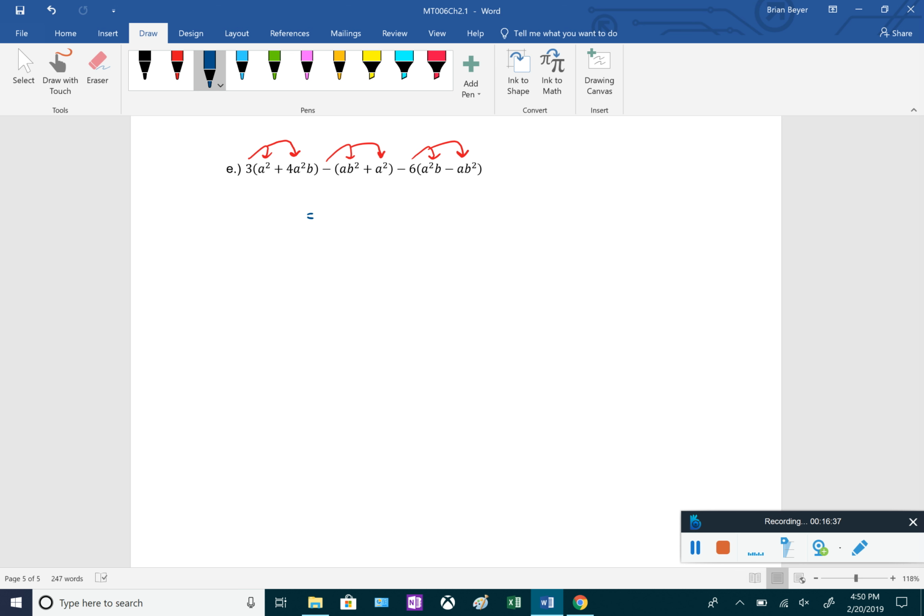So distributing the 3 in the first one, 3 times a squared is 3a squared. 3 times 4a squared b is plus 12a squared b. So first one done, 1 out of 3 is done. So next one, distribute the negative 1. So it becomes minus ab squared minus a squared.